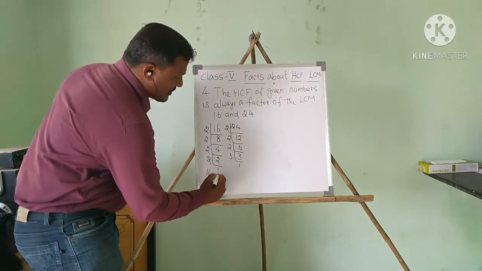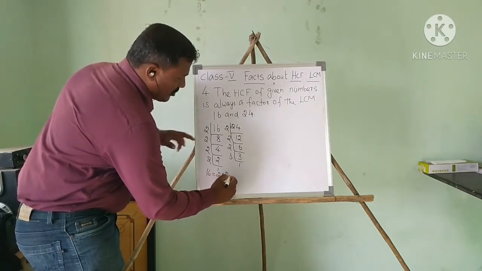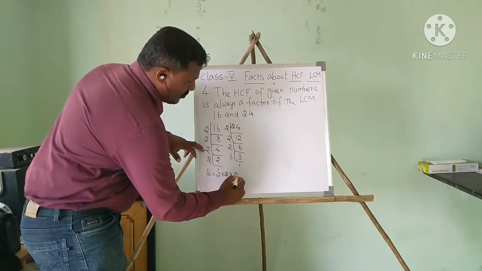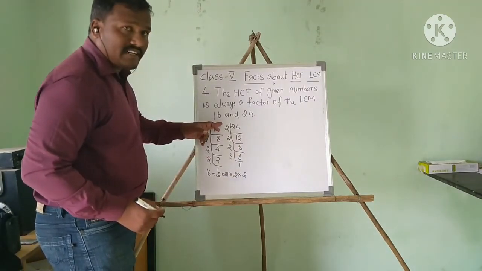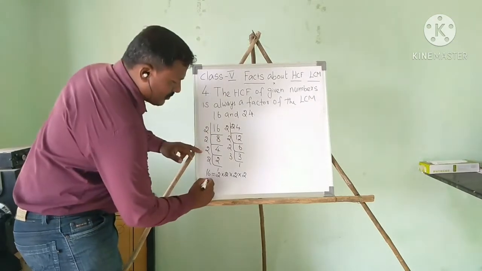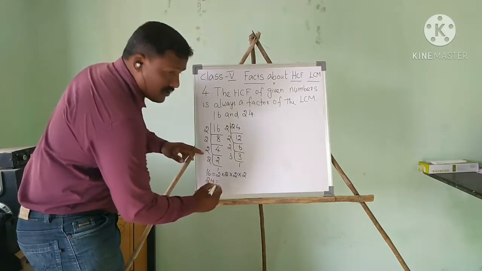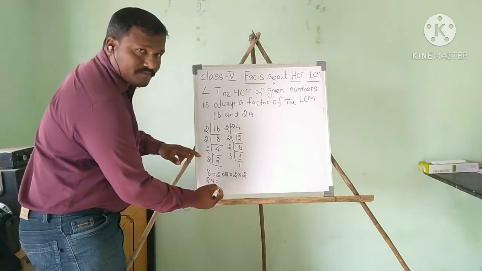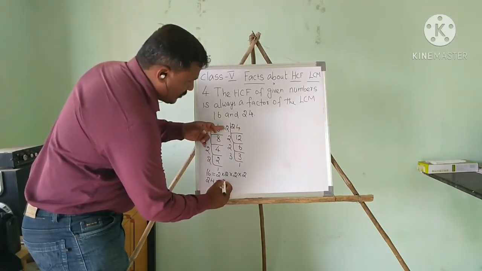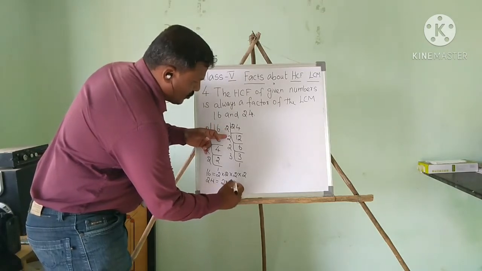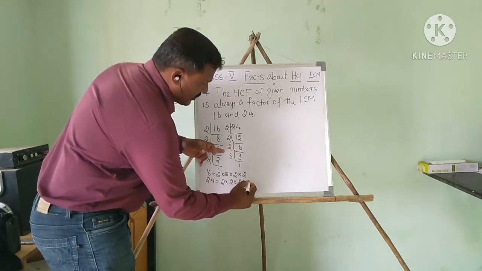Let me collect and write all the factors. The factors of 16: 2 into 2 into 2 into 2. The factors of 24: 2 into 2 into 2 into 3.